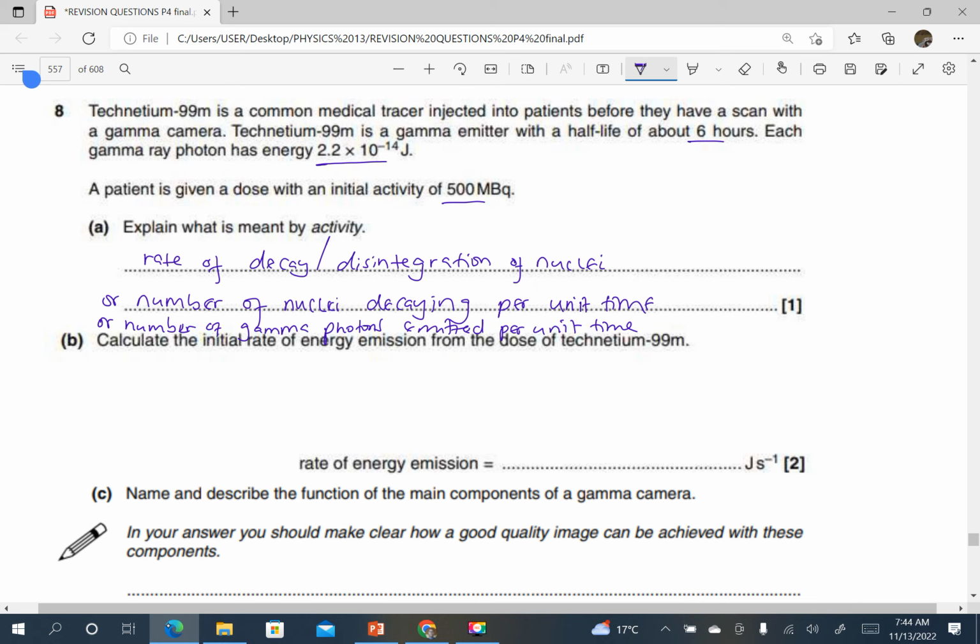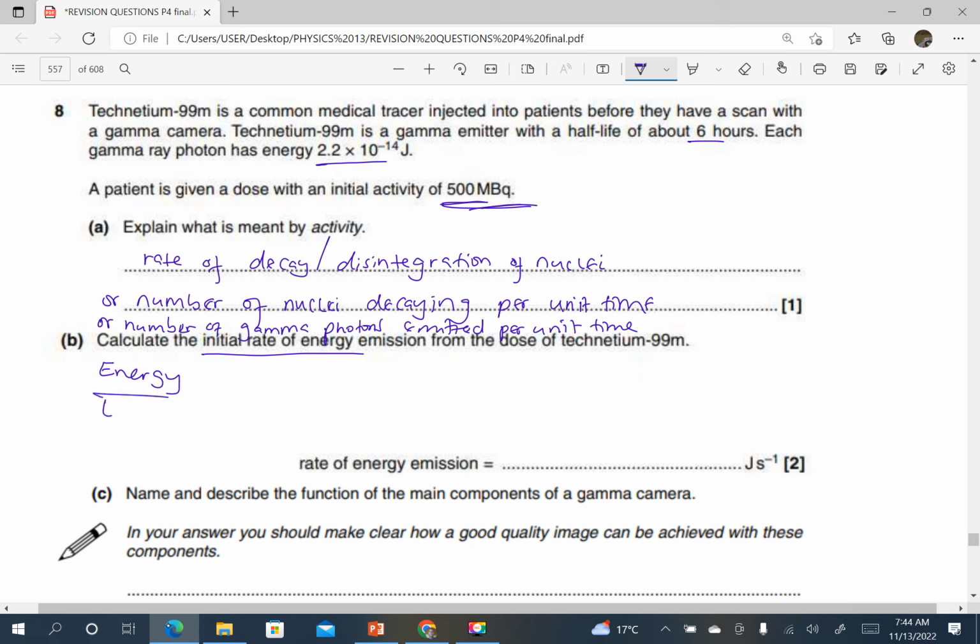That means 500 times 10 power 6 nuclei are going to decay per second. That's what this means. If this is the activity, then activity is the number of nuclei decaying per unit time. So 500 times 10 power 6 nuclei are going to decay in 1 second. So the initial rate of energy emission, energy per unit time, that is the rate.